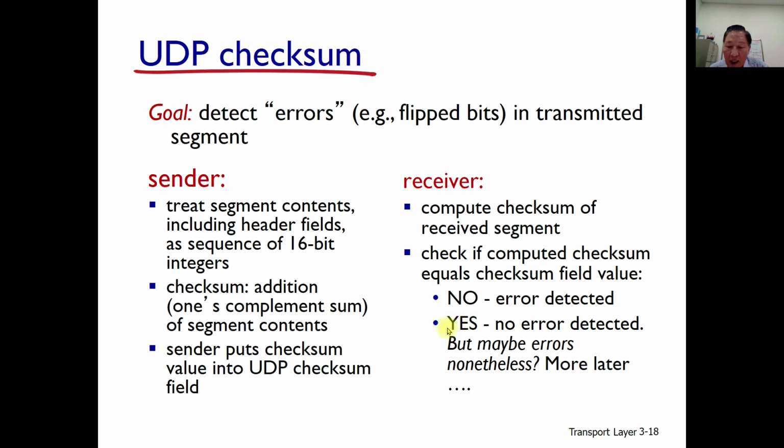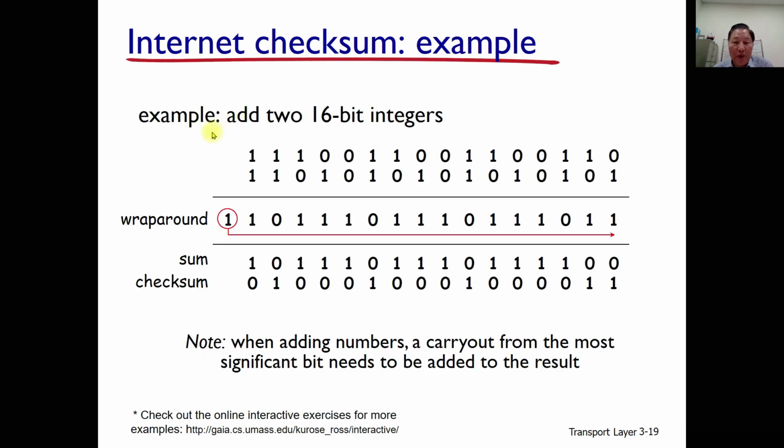If the calculated and received checksums are the same, that means no error detected. But sometimes that mechanism is not perfect, and there may be errors nonetheless. Okay, this is an example of how the checksum can be calculated.